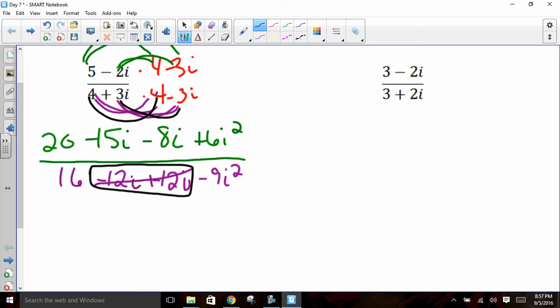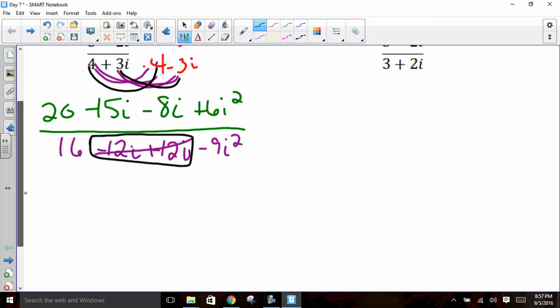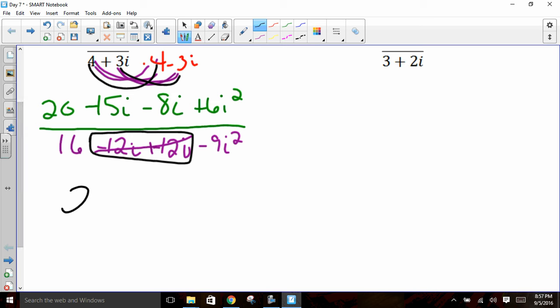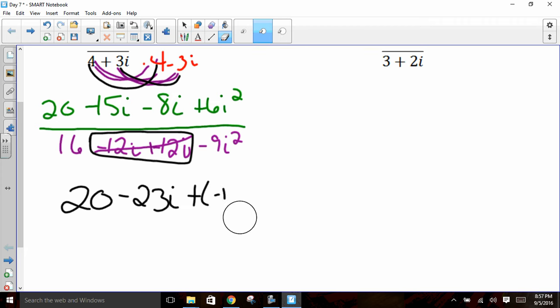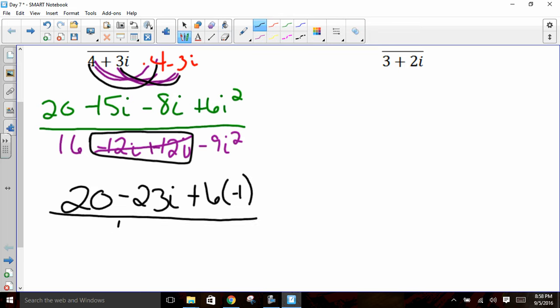On the top, we're still going to FOIL, guys. Okay, so let's go back to that top. I got 20 minus 23i plus 6 times negative 1. Oops, I forgot the 6 part. Just wrote times negative 1. Over 16 minus 9 times negative 1.